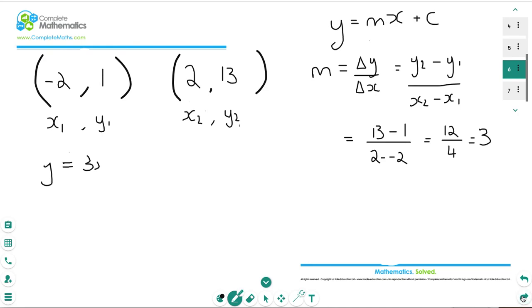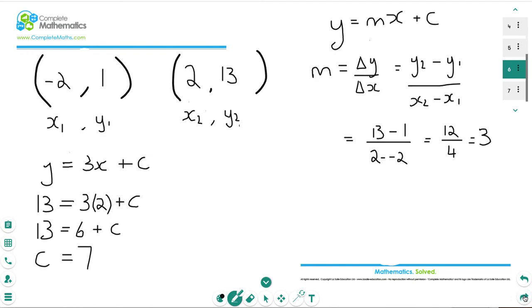Substituting into y equals mx plus c, we now have y equals 3x plus c. Substituting in a coordinate point, so this time I've used y2 and x2, we can calculate that c has a value of 7. We can check that with our second point.